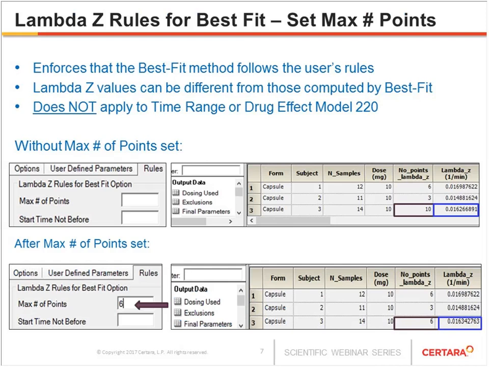And when we set the maximum number of points to 6, you can see that now they've only used 6 points in their calculation, and the value of the Lambda Z changed slightly because it used a different number of points. So you can use either the maximum number of points or start time not before, or you can use those in combination together.